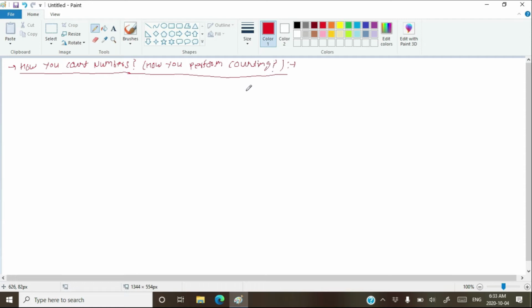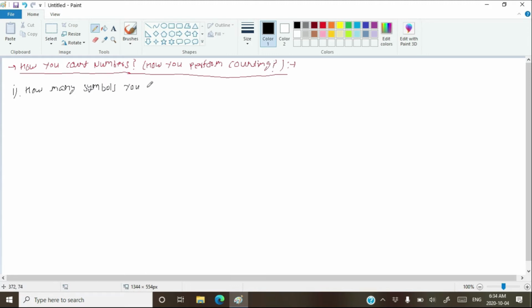What is interesting in it? Let's focus on some very basic fundamentals of counting, which you do unconsciously. The first point to notice is how many symbols you have for counting.